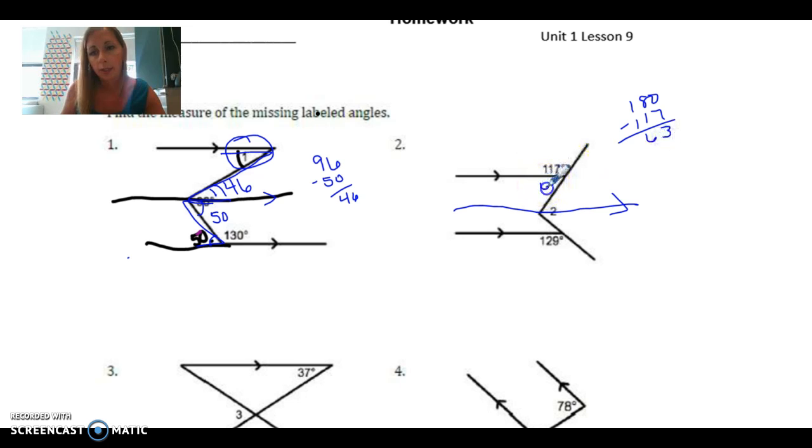So this angle is 63. If I go alternate interior with the 63, this would also be 63. You're going to do the same thing with the 129, find that angle, and know that it needs to be the same as this one, and then you can add them together.